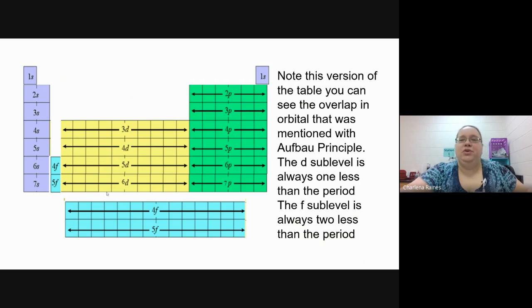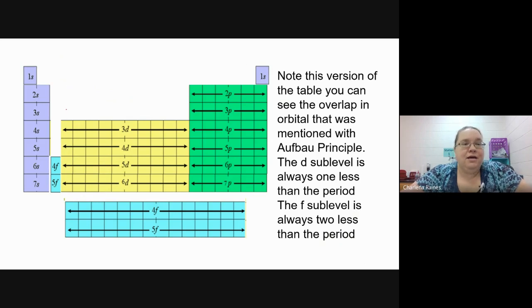Now, when we learned Aufbau's principle yesterday, I mentioned that there's some overlap in energy levels. That in terms of how much energy it takes to get into certain places, sometimes we saw some surprises. The good news is we can actually see those surprises in our periodic table. Bad news is you always have to remember that your D block and your F block are special.